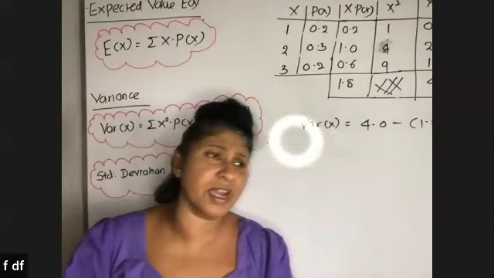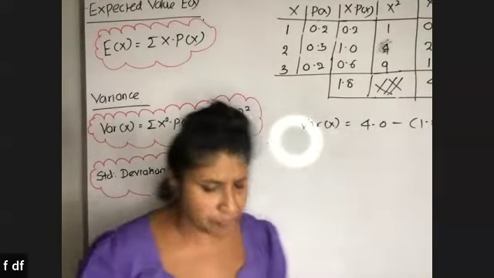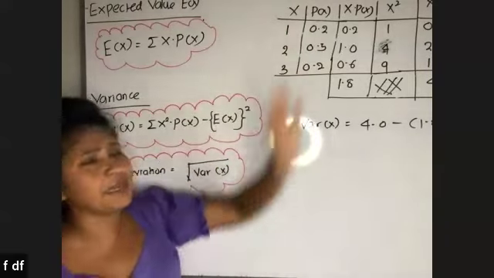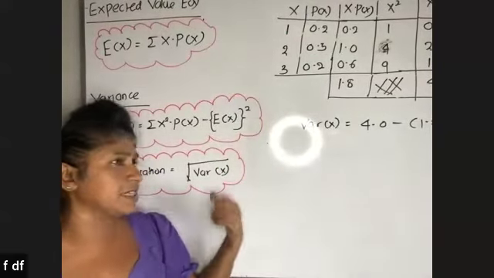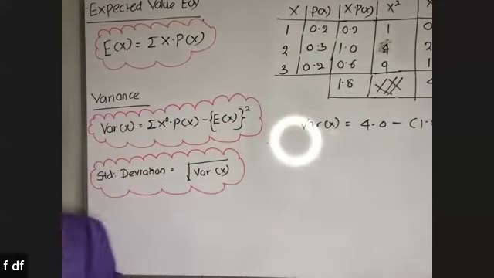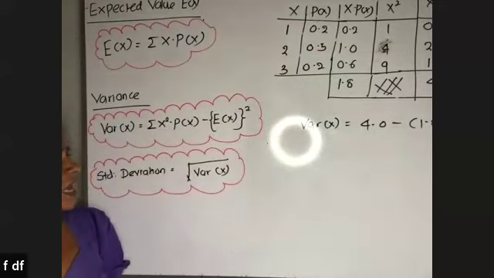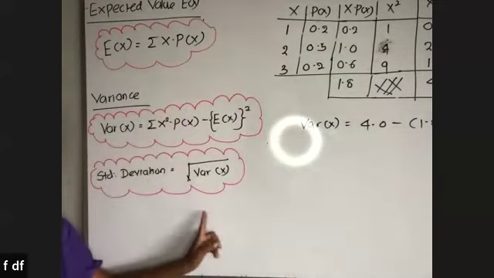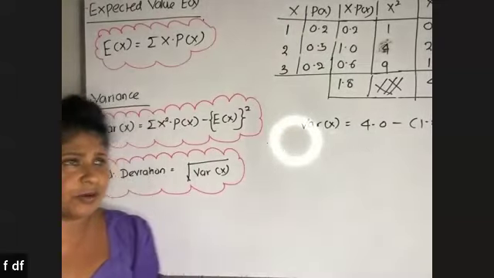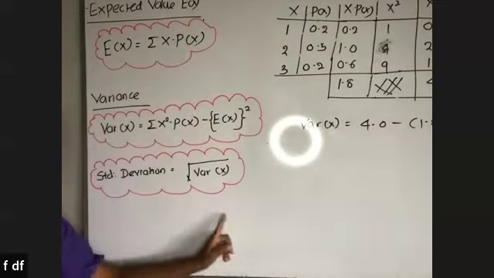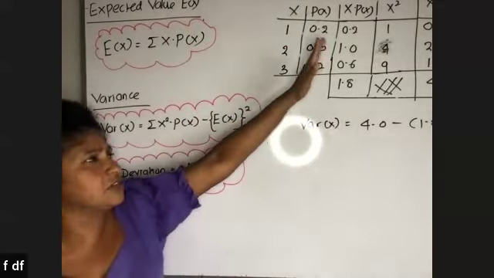Given a discrete probability distribution with x and p(x), the square root of the variance is the standard deviation. So we can compute the expected value and variance, and the standard deviation as well, by using these three formulas and adding the additional columns.